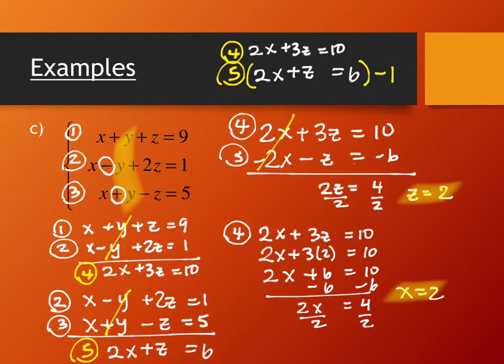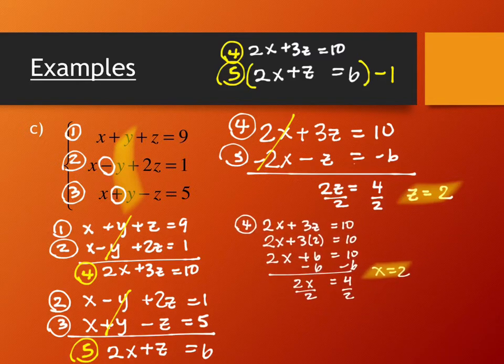And then our last step is to go back to equations 1, 2, and 3 to solve for our missing variable, which in this case right now is y. So it really doesn't matter a whole lot. I'm just going to pick the first one. If I pick equation number 1, it's x plus y plus z equals 9.